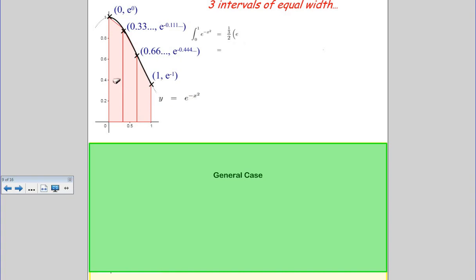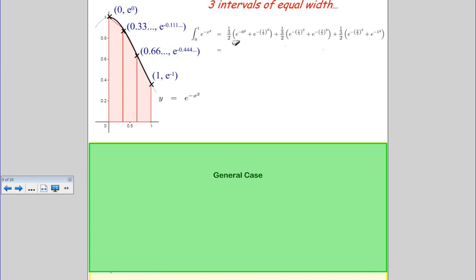So I'm putting x is 0 and x is a third into my formula here. For the next trapezium, I have exactly the same width, but this time the x coordinates I'm going to put into my y values are 1/3 and then 2/3. So we'd substitute those in to get our y ordinates. And then finally for the last trapezium, we've got the same width, and we want to be using 2/3 for our x value and 1 for our x value. We substitute them into e to the minus x squared.